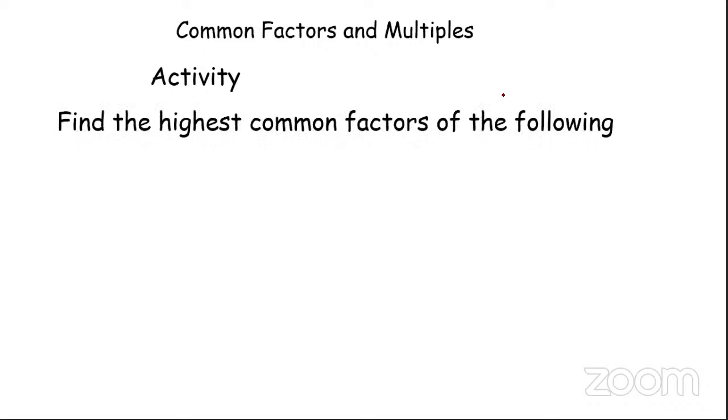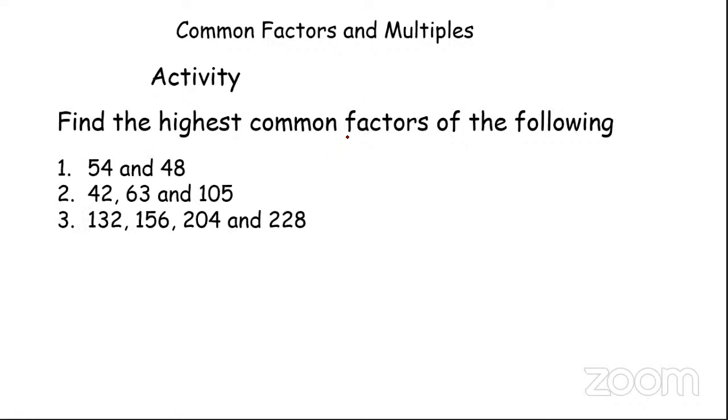So we are now going to do an activity, all of us here. That activity involves us finding the highest common factors of the following. So I hope you have a pen and a paper and maybe a calculator nearby. So our first activity, we are finding the highest common factors of the following.